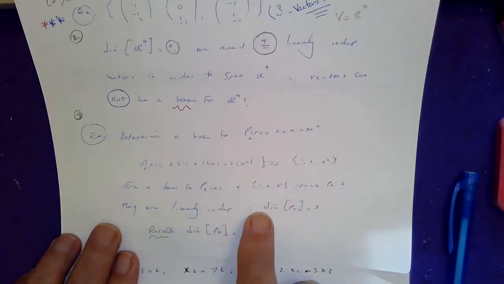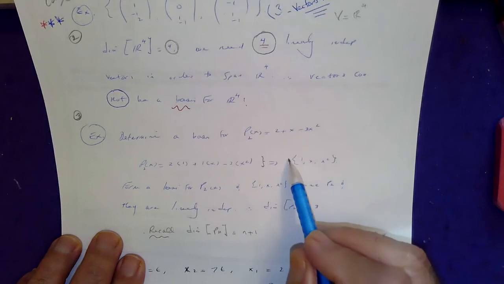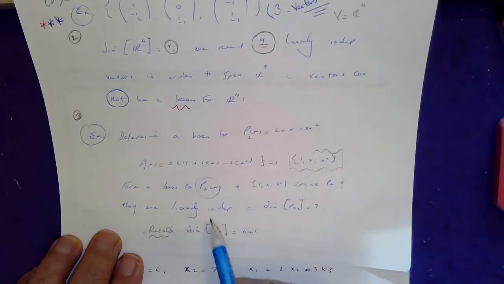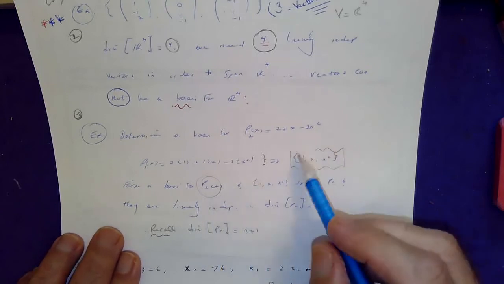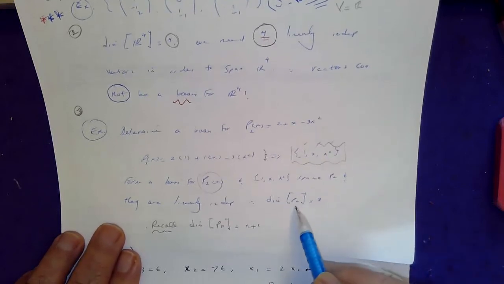So therefore, the conclusion is, okay, they form a basis, these 3 functions, they form a basis for P2, the set of all polynomials of degree 2 or less. And because you have 3 functions in your basis, therefore the dimension of P2 is 3.